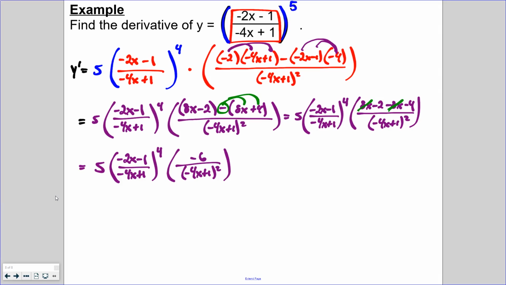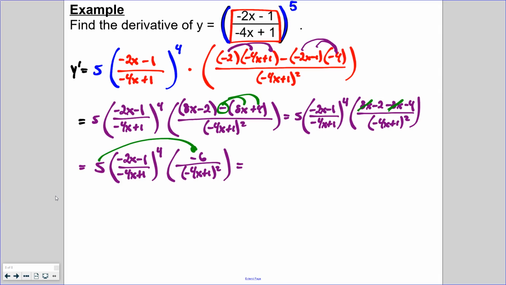Oh, man. So yes, there's still some simplification we can do. The first simplification is that our second expression here doesn't have an exponent. It's a single expression, which means we can take this 5 in the front and multiply it by the negative 6 over negative 4x plus 1 squared.